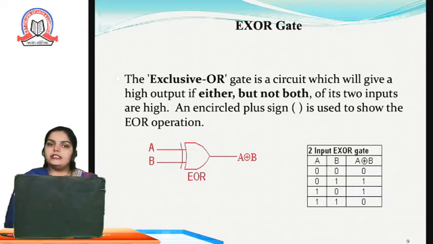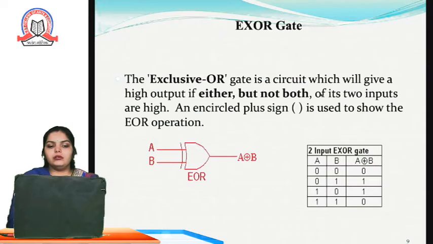If both the inputs are low, it will produce a low result, and if both the inputs are high, it will again produce the low result. So any one input should be high, the other should be low. If both the inputs are high, in that case it will give you the low result.